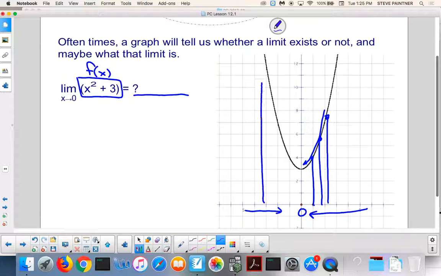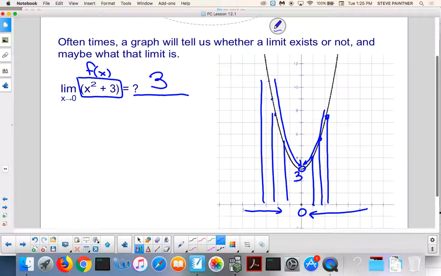On the left side, you're approaching what? The same number. What is that number down there? Yeah, 3. So your limit is 3. That easy. You just look and go, where am I approaching? Right, that point. I'm getting close to that point. And that point has a y value of 3.